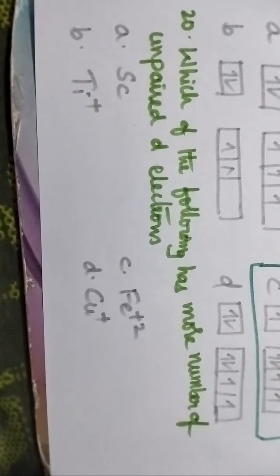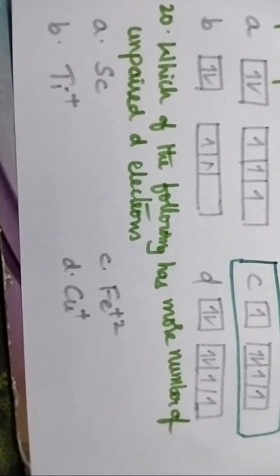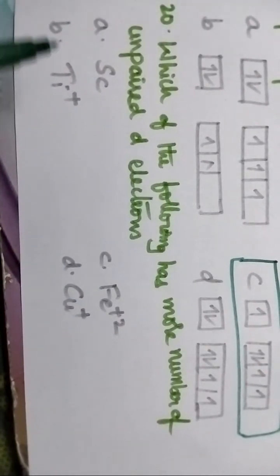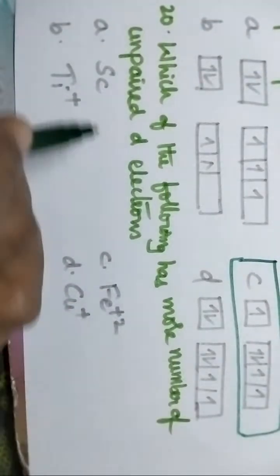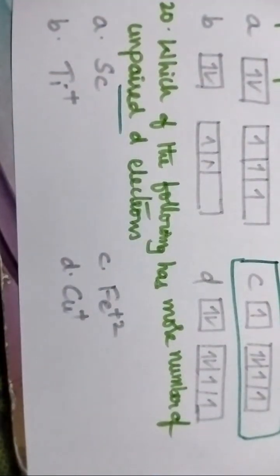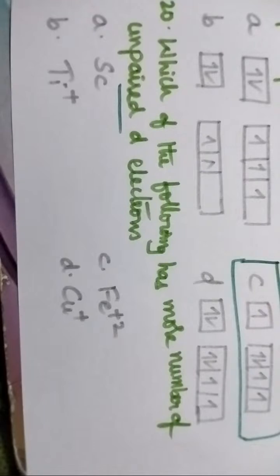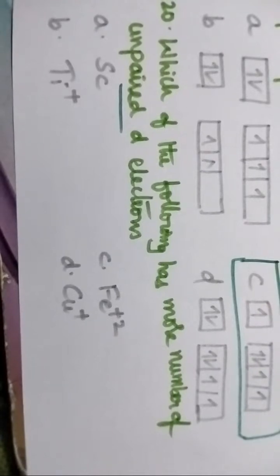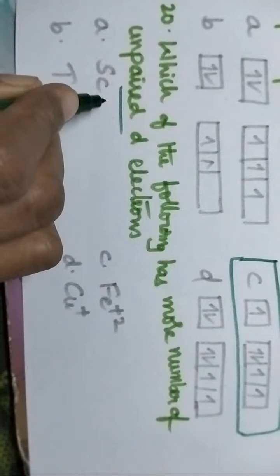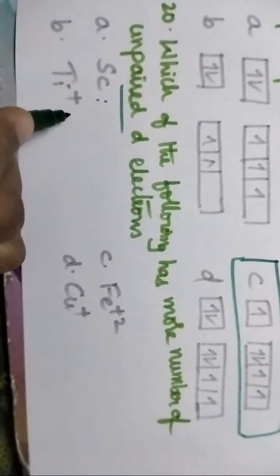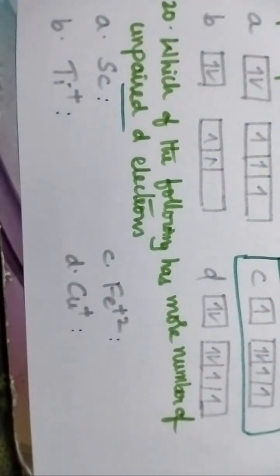Let us move on to the last question of today's session, that is, which of the following has more number of unpaired d electrons? Among the given options, which has more unpaired d electrons? You just write the configuration for each atom. At least the outermost configuration.